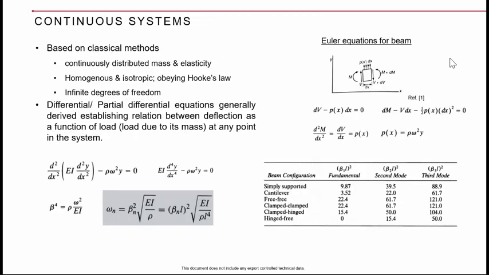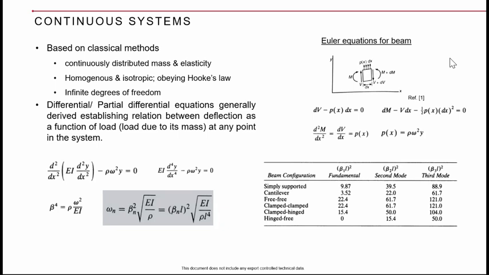So again, another way of predicting the natural frequency is applying the continuous systems principles from basic physics. So for the behavior of any system which is continuously distributed, for example, a constant cross-section beam or a bar, if you are interested in axial modes of a bar, then you can get the equilibrium of forces in the axial direction.